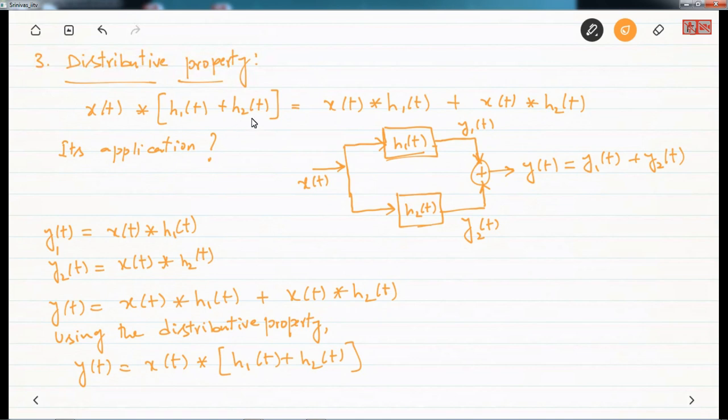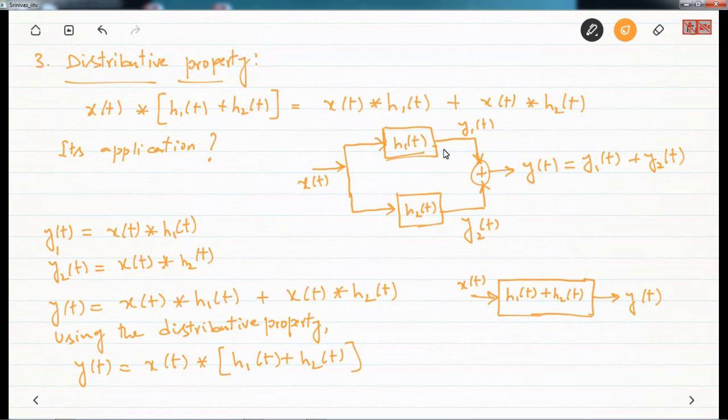Right? So that means we can give this x of t as the input to a single LTI system having its impulse response equivalent to h1 of t plus h2 of t, and the output is y of t.